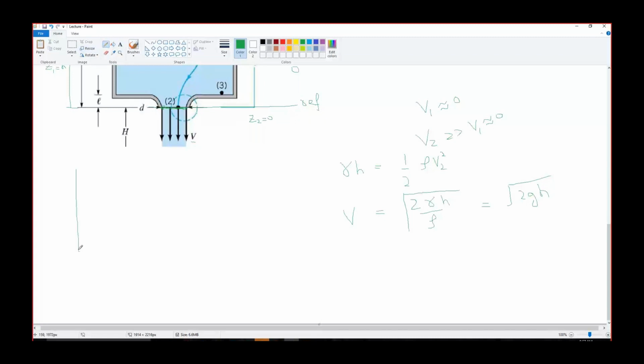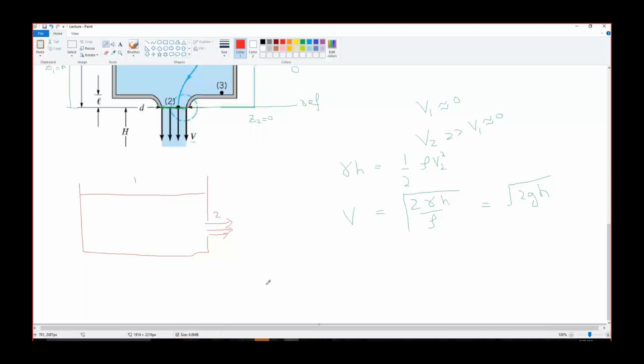Let's say this is the tank, this is the hole, and this is the free surface, and the flow is in this direction now. This is our point 1. This is point 2. Now again, can we write the Bernoulli equation at the two points? Yes, sir.